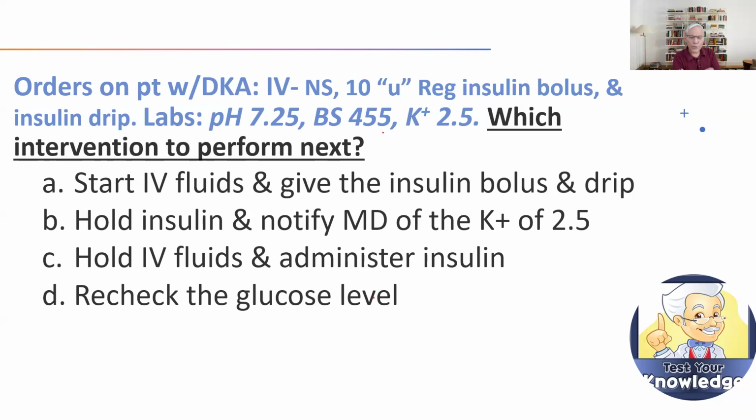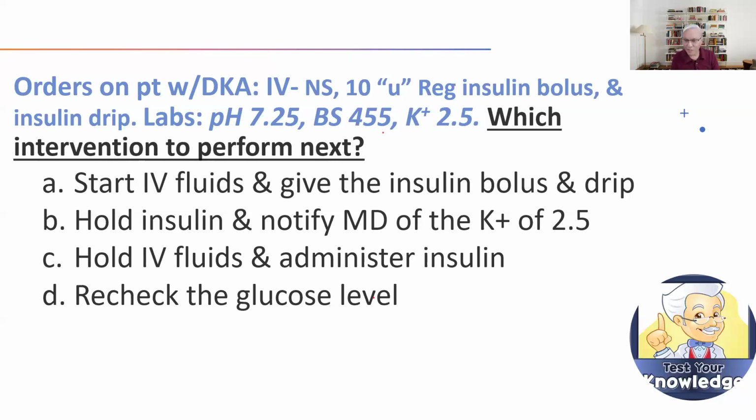All right. So do you want to give insulin if the patient's potassium is 2.5? What did we say would happen? It will drop more the potassium. Very good. So the correct answer here is letter B. You need to hold the insulin and notify the doctor of the potassium of 2.5.